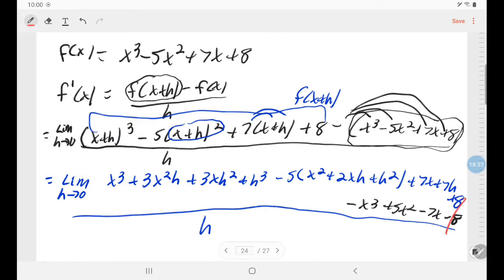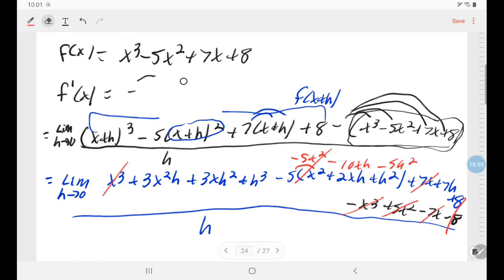The 8's are history, 7x's are history. If I were to distribute that, that is negative 5x squared minus 10xh minus 5h squared. So the 5x squareds are gone, and then the x cubes are gone. So that helped a little bit.